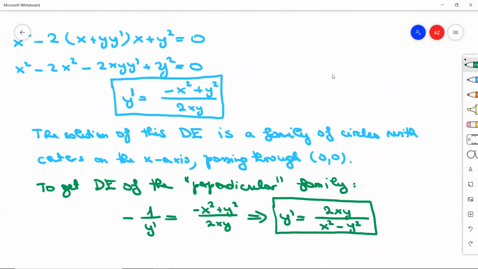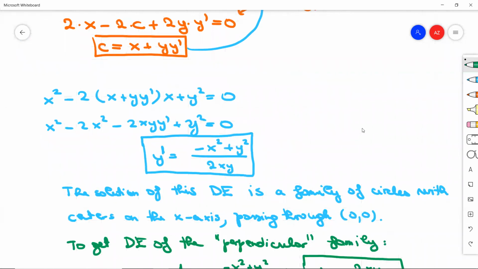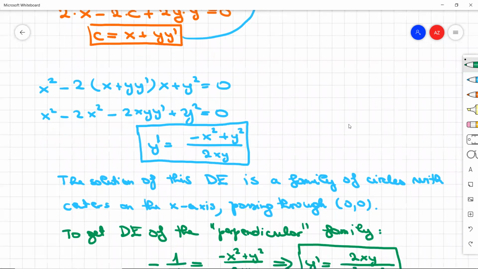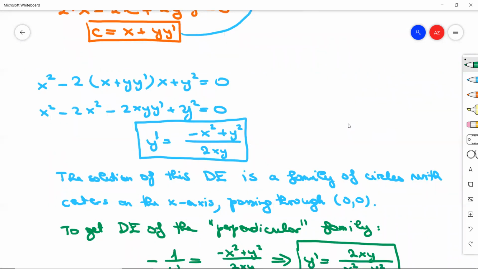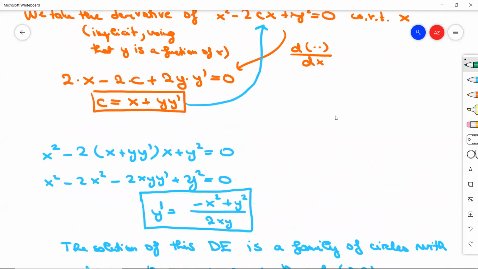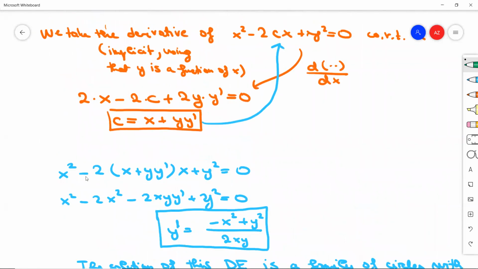Okay, let me check if I did this correctly. So we started with the family of circles with radius a going through the origin. We differentiate with respect to x. We expressed y prime, and what we got was here.